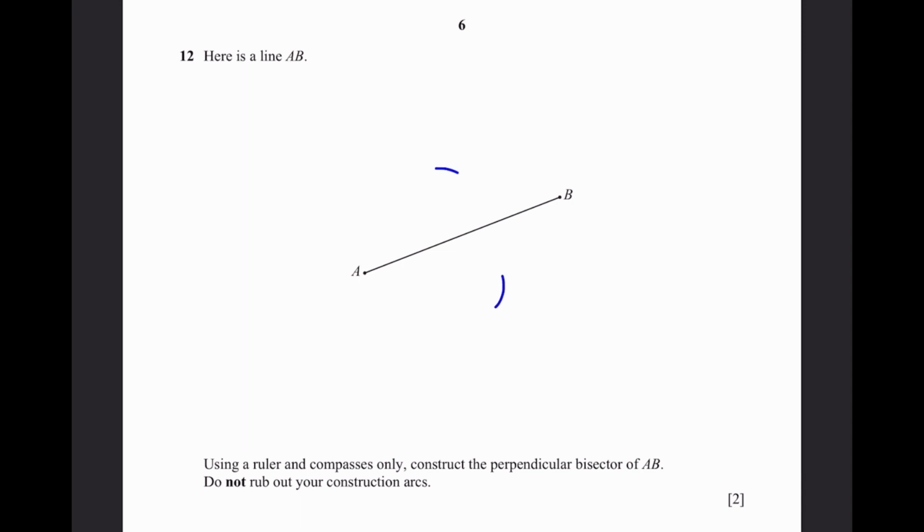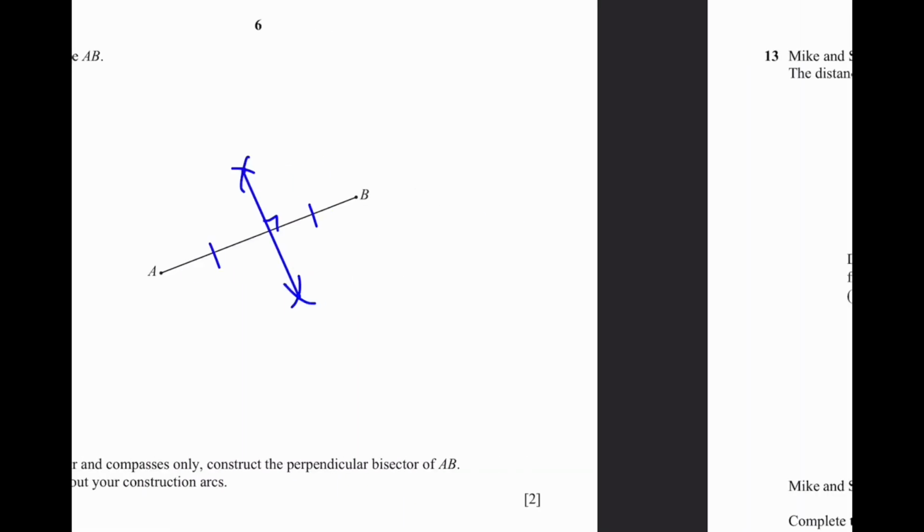And do the same thing for point B. Put the compass needle there and draw these two arcs like that without changing the length of the compass. And now you see the two intersection points between the arcs. Connect those two points. If you did it correctly, that should be the perpendicular bisector. These two sides will be equal. This is 90 degrees.